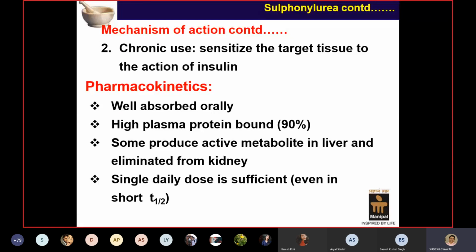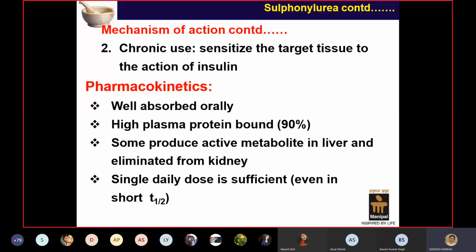Now pharmacokinetics. Sulfonylurea is well absorbed orally. It is highly plasma protein bound, so even a sulfonylurea which has a short half-life acts for a long period of time. That is why most sulfonylureas are given once a day.